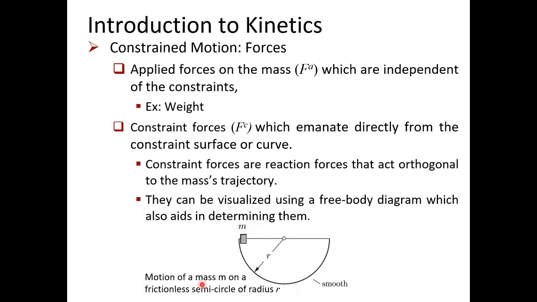Normal reaction. So the constraint force comes from the normal reaction. But it's not the normal force to weight. Normal force to weight, of course, if it is static, I'll come to that with a small example. If it is a static object, of course, it is the reaction to the weight.